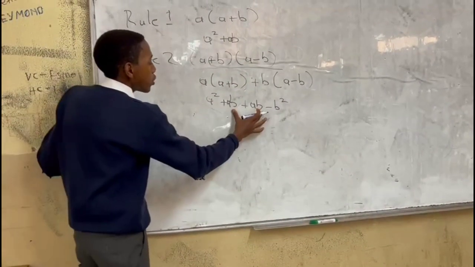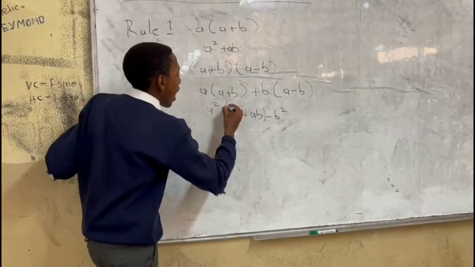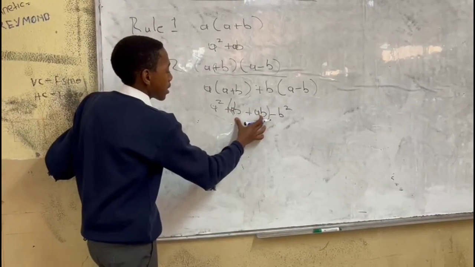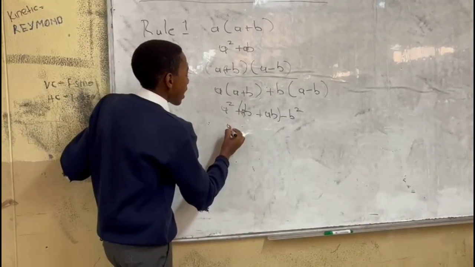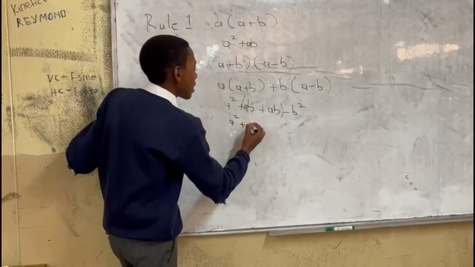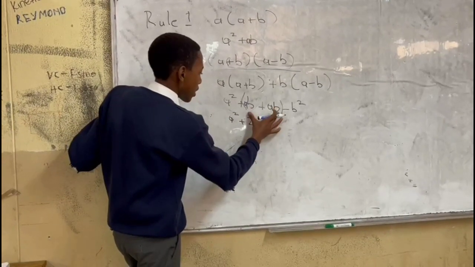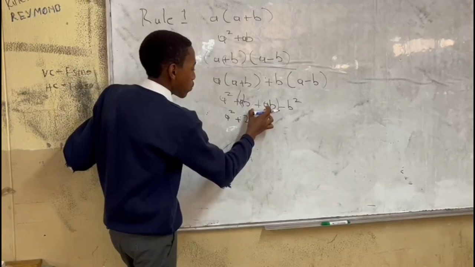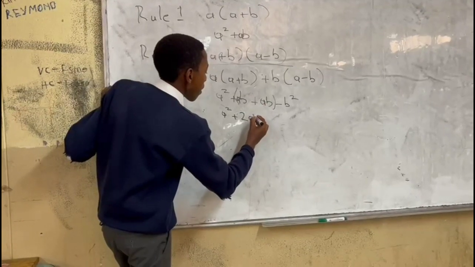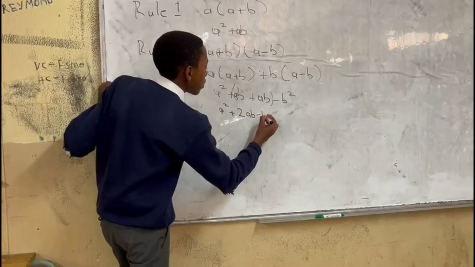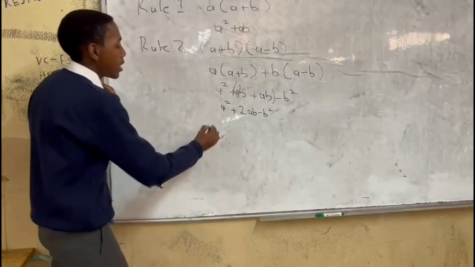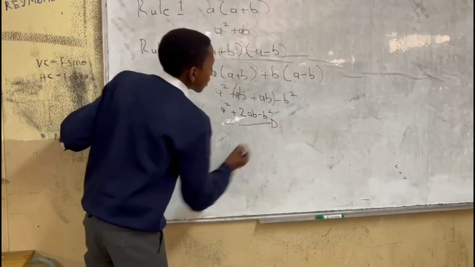Understand? Because these are like terms, meaning that we're going to say a to the power 2 plus 2, because when they are adding, they give us 2, then ab minus b to the power 2. And this is how you simplify it.